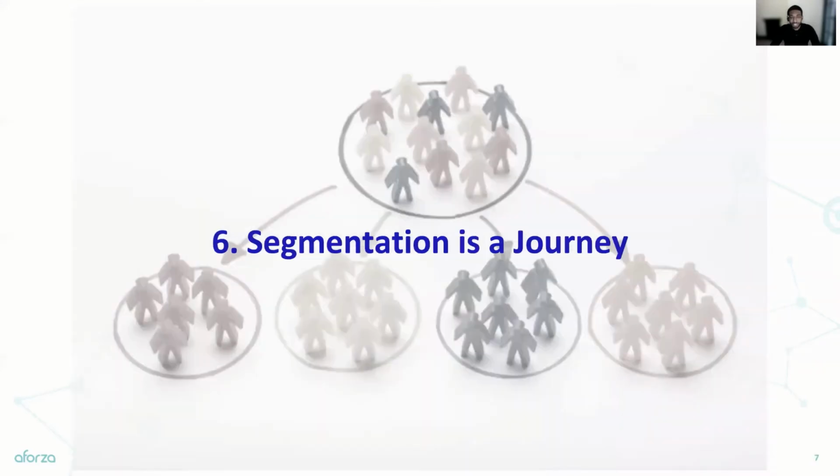Number six, segmentation. Now, segmentation is right at the core of how Aforza works for pricing, for product access, for visits, for promotion eligibility. It's really at the center of everything within our application, both in desktop and mobile.